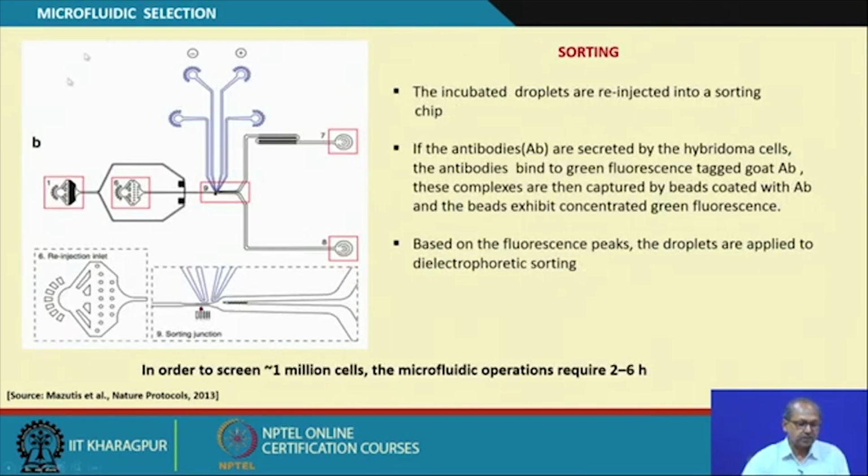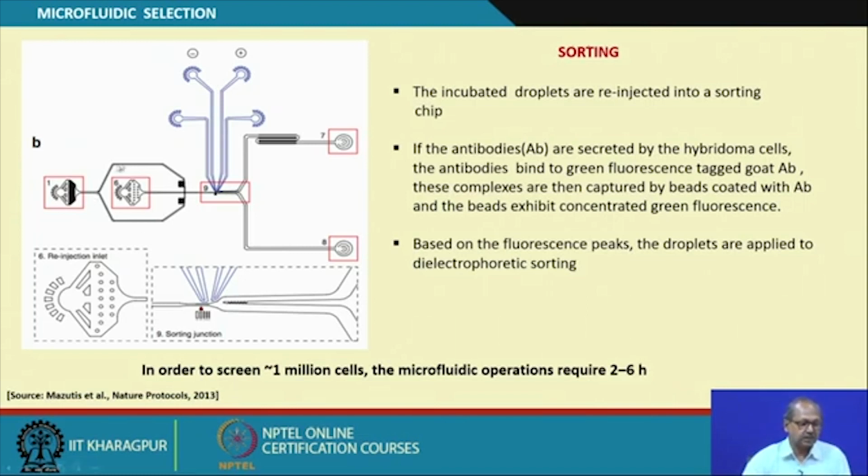So, these are the details of the screening. Next, when the cells are stored here, after 2 or 3 to 4 hours according to the need, we allow antibody secretion, and some droplets will be glowing, while the majority of droplets will not be glowing.